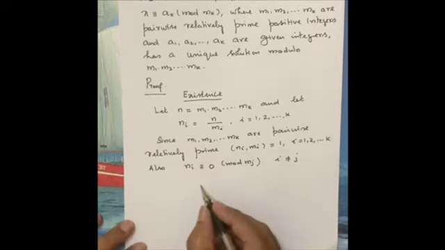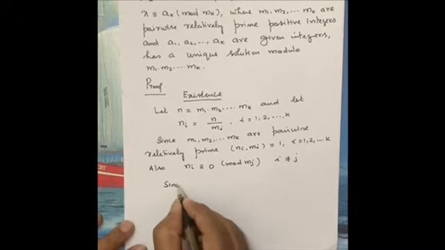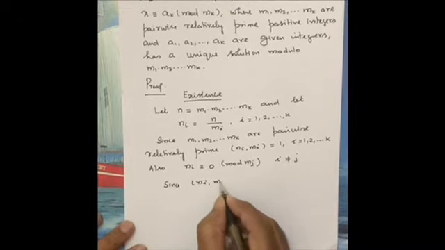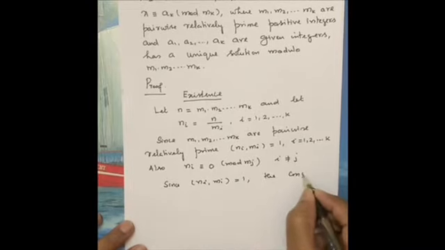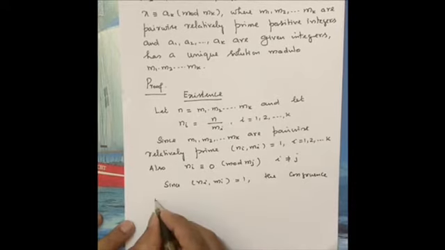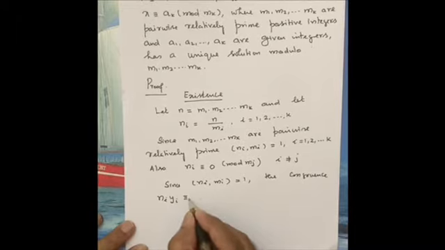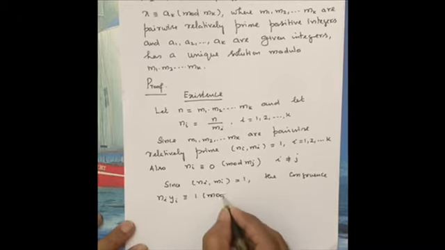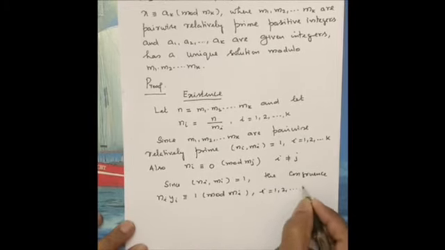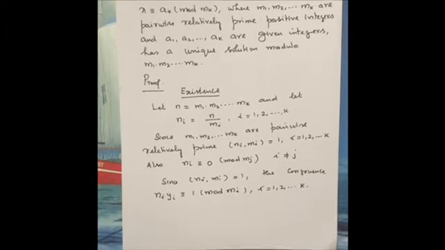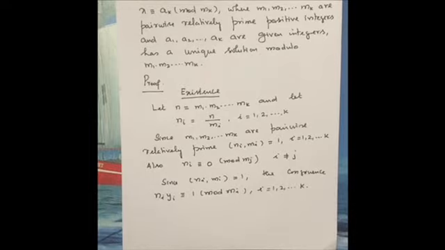Now we are going to construct the solution. Since the GCD of ni and mi is 1, we get ni times some yi congruent to 1 modulo mi, i equal to 1, 2, etc., k. For some yi, we are going to get this.